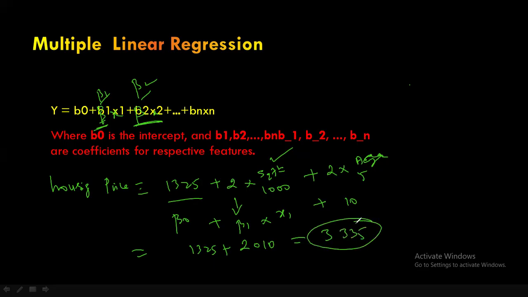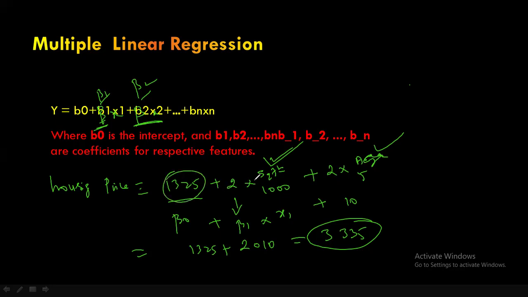This is the estimated housing price for 1000 square feet and the age of the house being 5. In this case, we have more than one input feature, square feet and age. The intercept still remains only one, but the values differ based on the data that you train your model on.